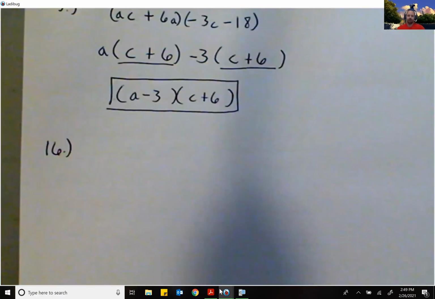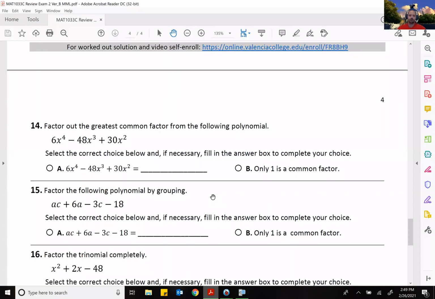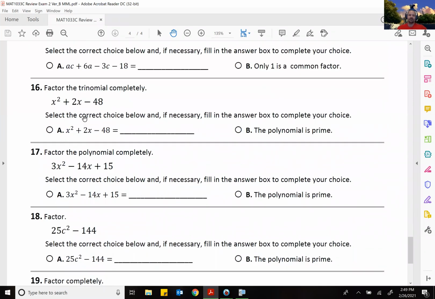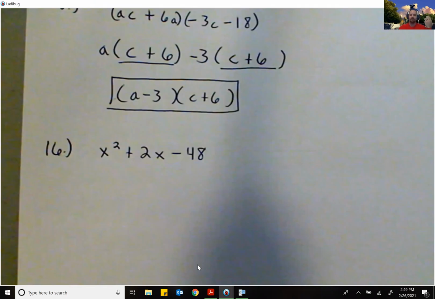16. So 16 and 17 are very similar to each other. These are factoring trinomials. And now there are lots of ways to factor trinomials. You can factor them according to guess and check. Some professors teach guess and check. I do not.